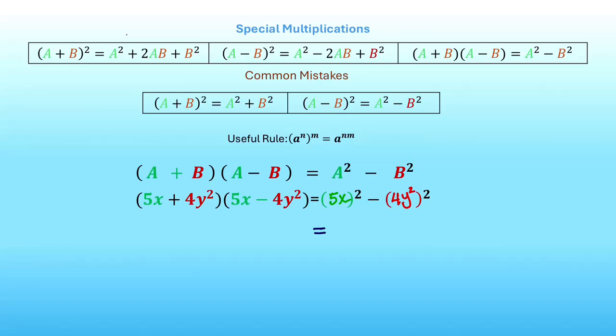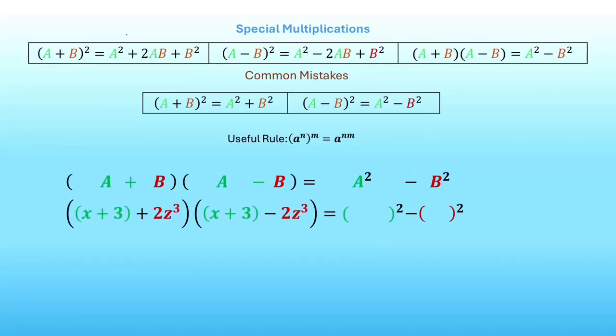The square of 5x is 25x squared, minus the square of 4y squared is 16. And again, y squared squared, we multiply the exponents to get y to the power of 4. So we get 25x squared minus 16y to the 4th, difference of two squares.